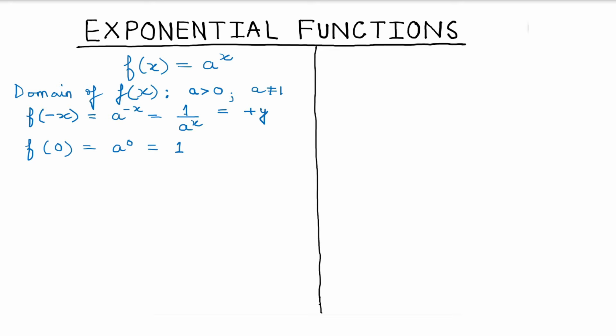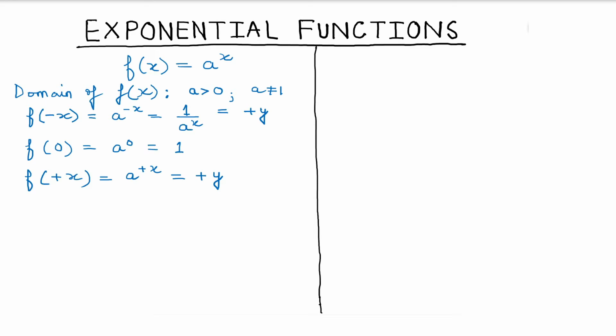Please remember 0 to the power 0 is an indeterminate form. So a non-zero constant term raised to the power 0 will only be equal to 1. Third, f of plus x will be a to the power plus x, the answer of which will always be positive.